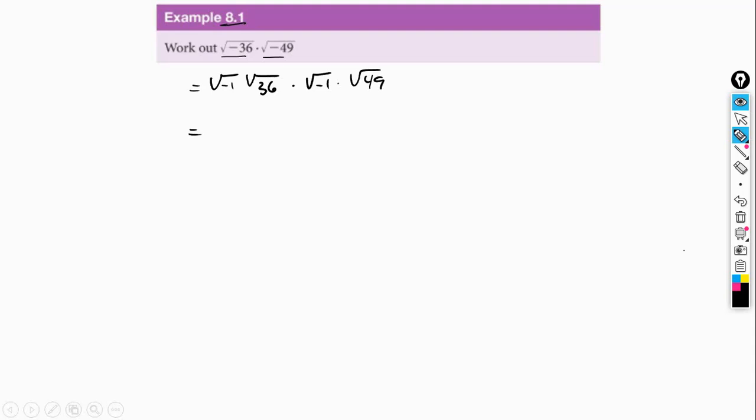Then we can rearrange it as the square root of negative 1 times the square root of negative 1 times the square root of 36 times the square root of 49. And then from here we're going to get negative 1, this is rule number 1, times the square root of 36, which is 6, times the square root of 49, which is 7, and we end up with minus 42.